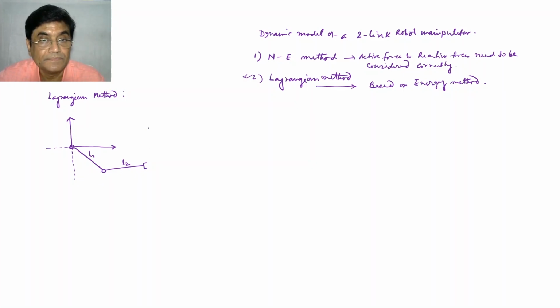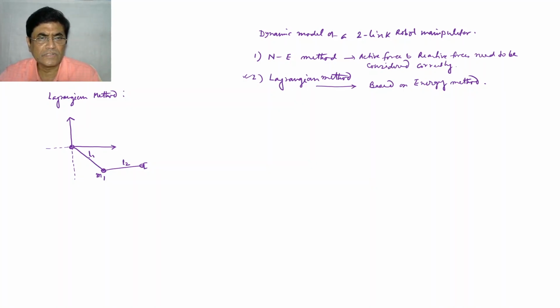The mass of link 1 is a lumped mass, confined here, and this is say M1, situated at one end.